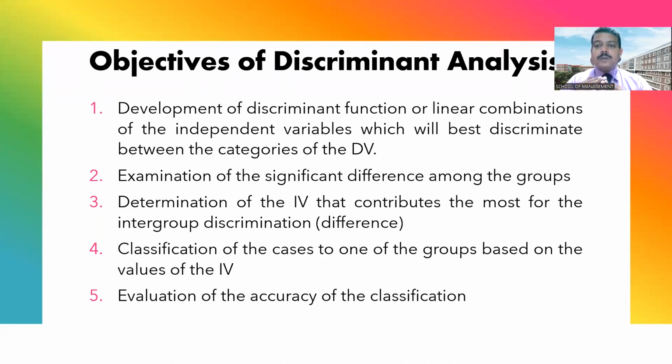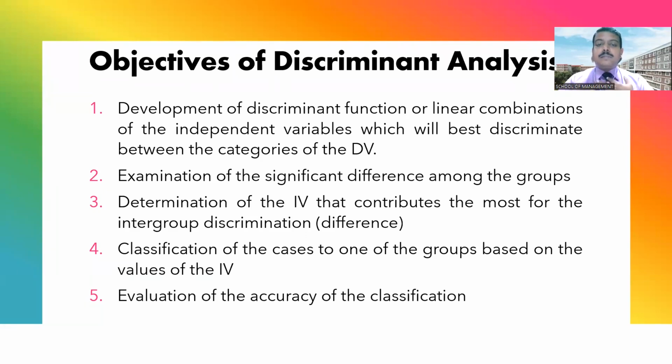In the example I told you, an applicant to be hired or rejected, we have two categories. So a mathematical function that would clearly distinguish between these two categories, whether the applicant has to be grouped under the hired category or the rejected category. That function has to clearly discriminate, and we have to find that function.